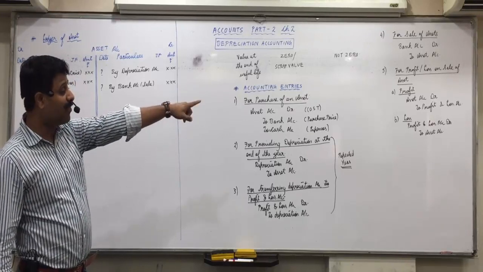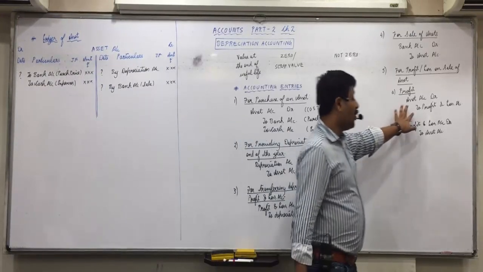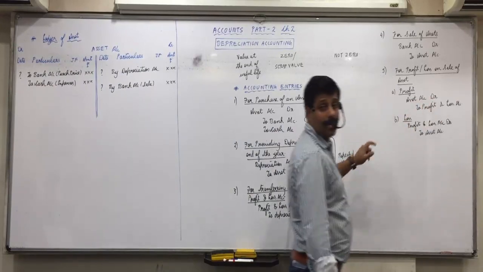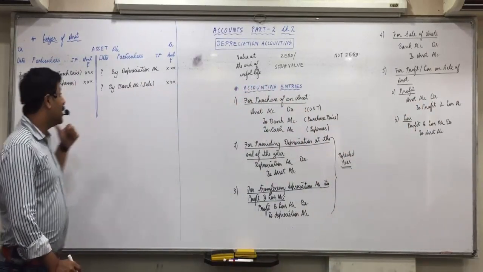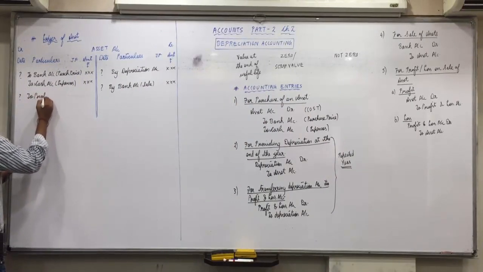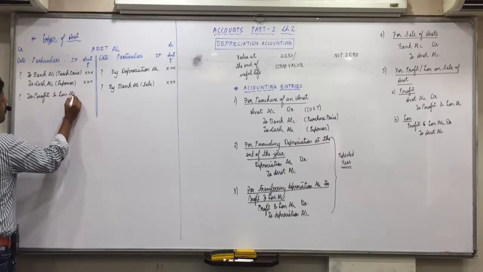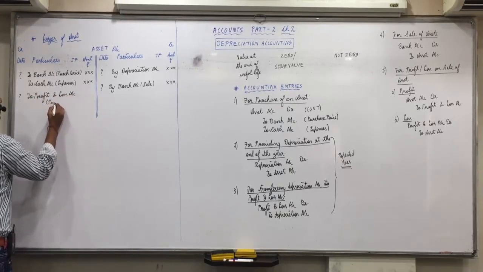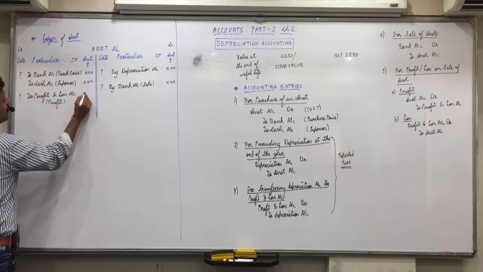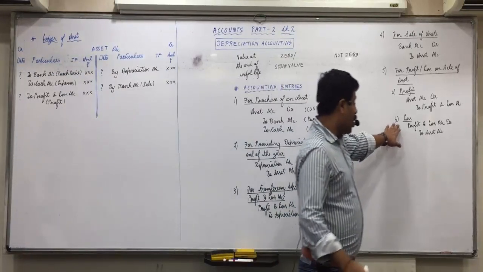Fifth entry, if there is profit, then asset account debit to profit and loss. Now asset account debit means in asset account we'll write on debit side, to profit and loss account, in bracket, with the amount of profit. And in case there is a loss, then profit and loss to asset.